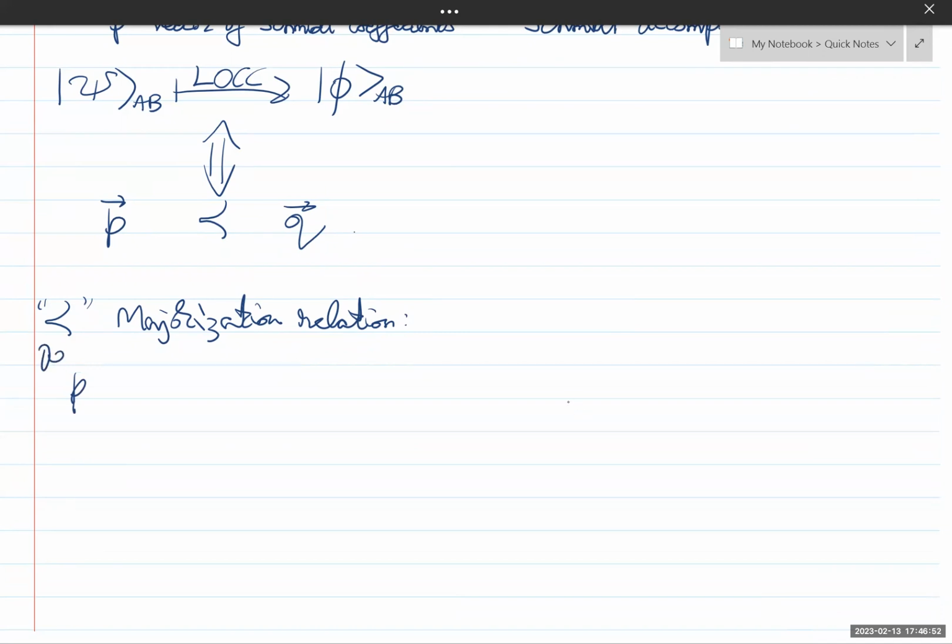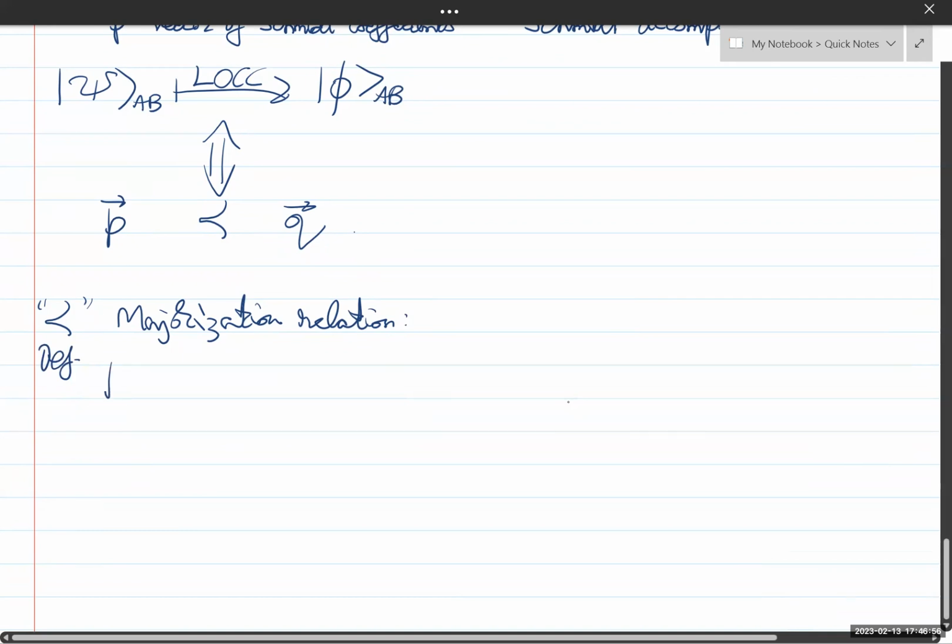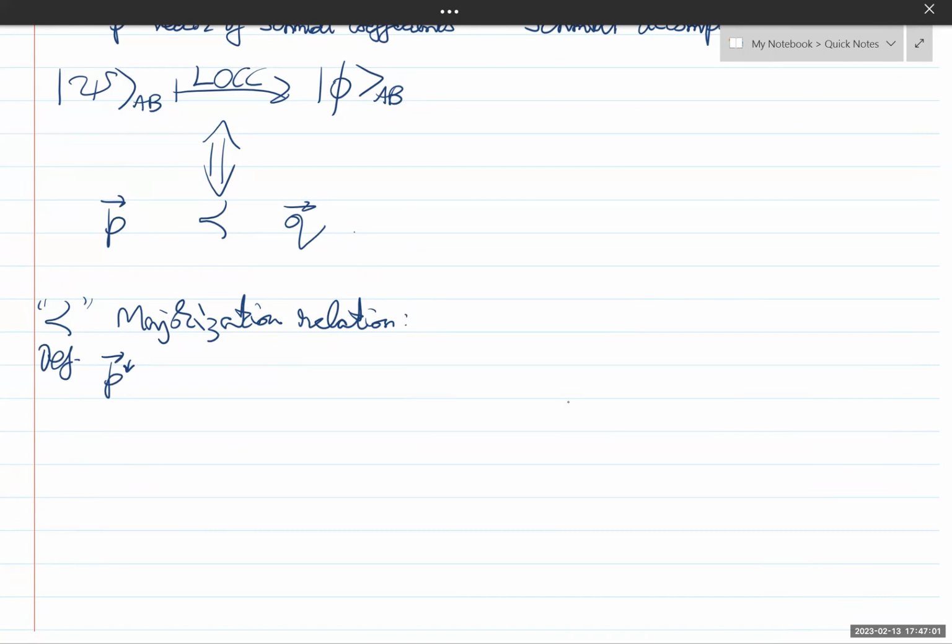So define P with a down arrow as, oh, sorry, it should be in order. P max, P second.